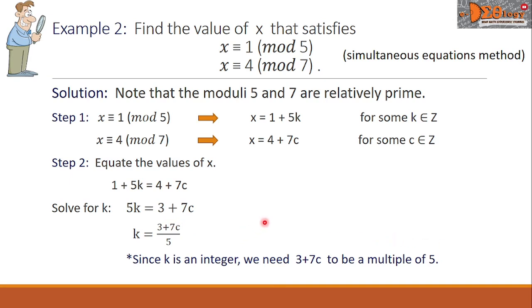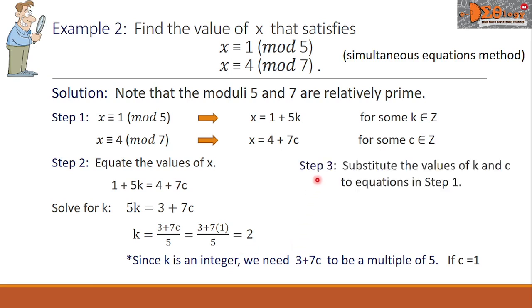We can think of any integer to make this numerator a multiple of 5. So we say that c equals 1. We substitute 1 in the c here, so we have 3 plus 7 times 1 all over 5. 7 times 1 is 7, 7 plus 3 is 10, and 10 over 5 is an integer, which is 2.